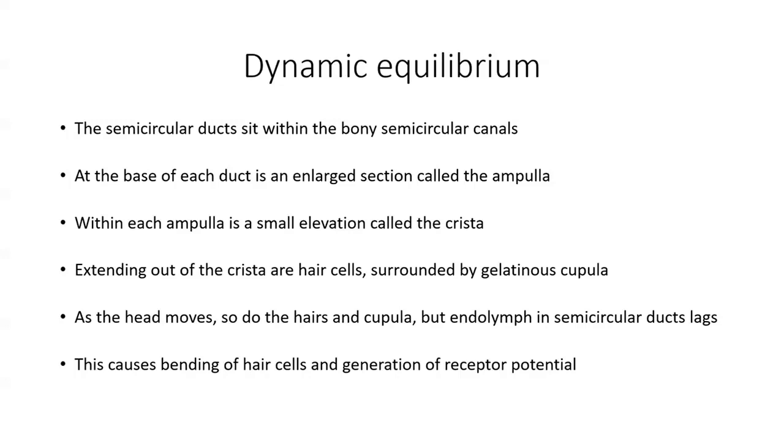Extending out of the crista are also hair cells, which are surrounded by that gelatinous cupula. As the head moves, so do the hairs and the cupula, but the endolymph or the fluid in the semicircular ducts will lag. This causes the movement of the cupula, the bending of the hair cells, and the generation of another receptor potential.